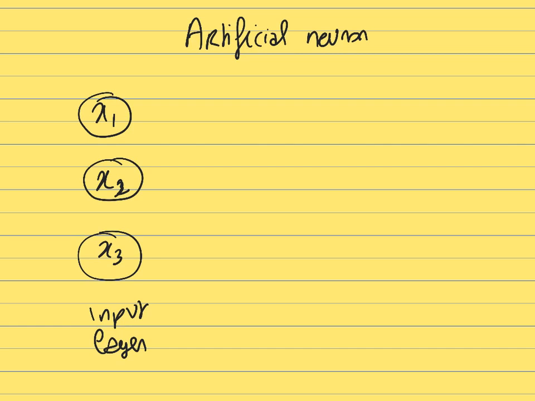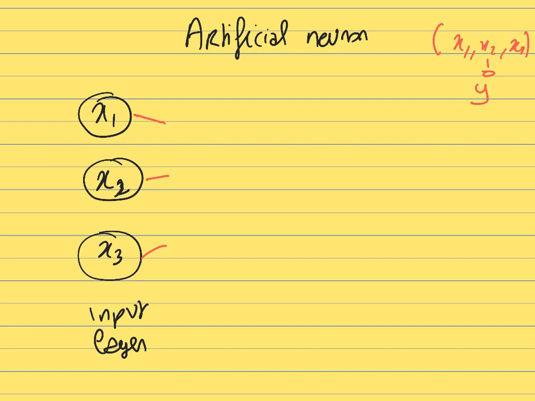So the first thing that the neuron is going to do is to take the value of each of those 3 neurons. So the value is going to be the value of the features. In your training example, every time you have a training example, you have all the features x1, x2, and x3, and it's related to a given observation.